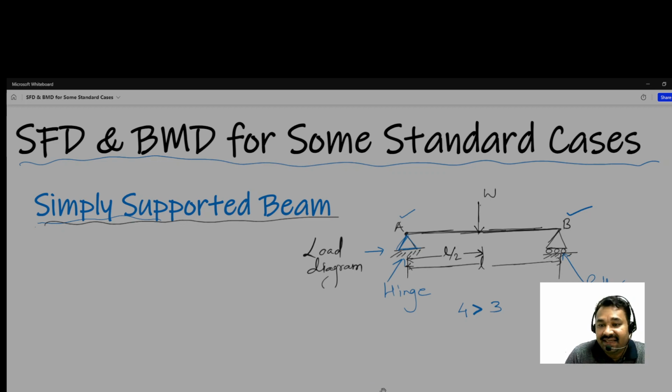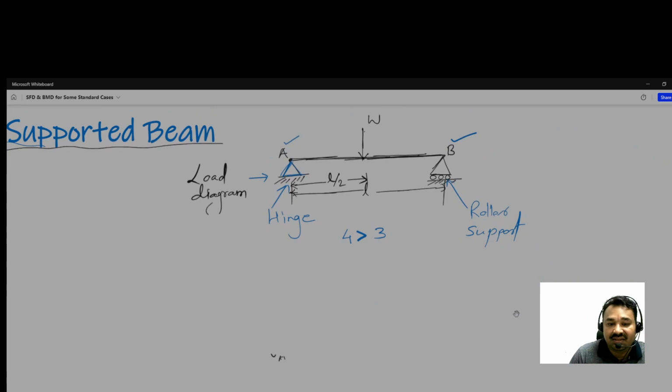Okay, now next, after this load diagram, what is next? So next is to draw the free body diagram. ठीक है. So just take the same length. Here it is better to draw a perpendicular dotted line, and from B also draw a dotted line.